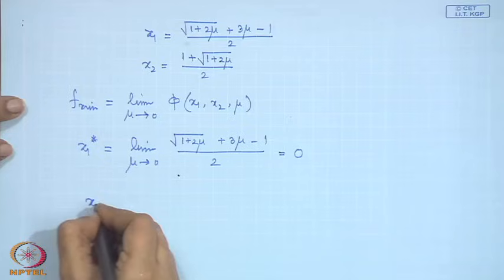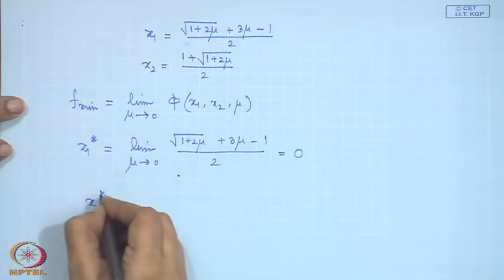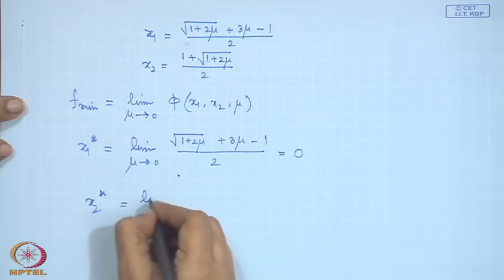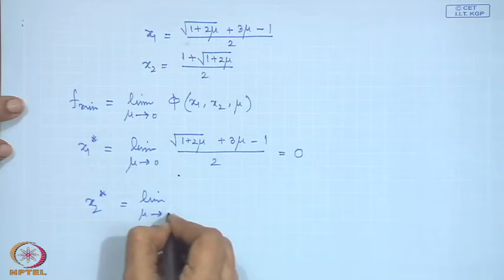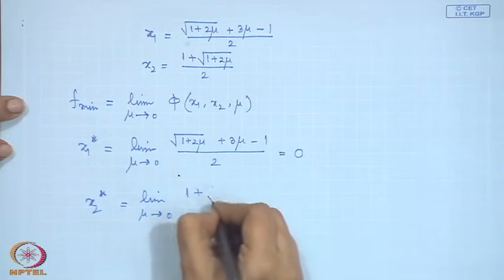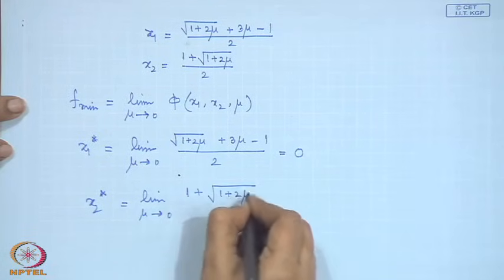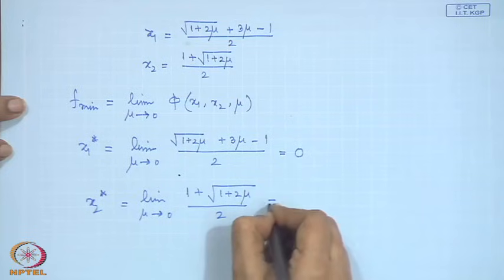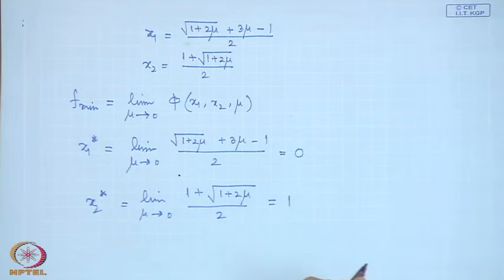and x2 star would be the limit of mu tending to 0 of 1 plus, and this value is 1, alright.